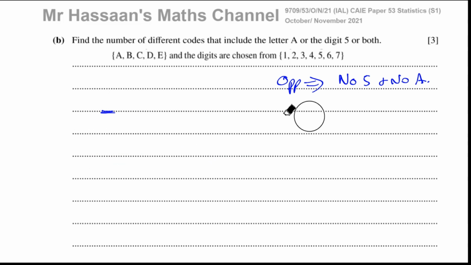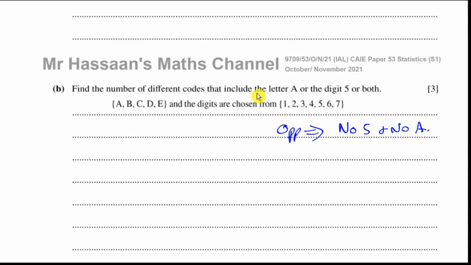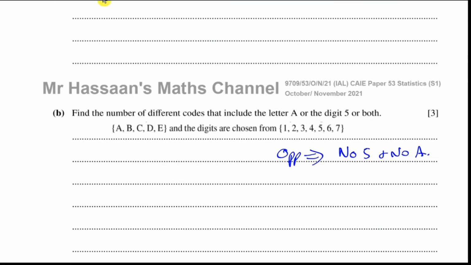The total number of arrangements, as we said before, is 16,800. So we do 16,800 minus the ways of having no 5 and no A. Let's get rid of the A and let's get rid of the 5. We have 2 letters and then 4 numbers. For the letters, we have to choose from 4 letters, because A we can't choose.